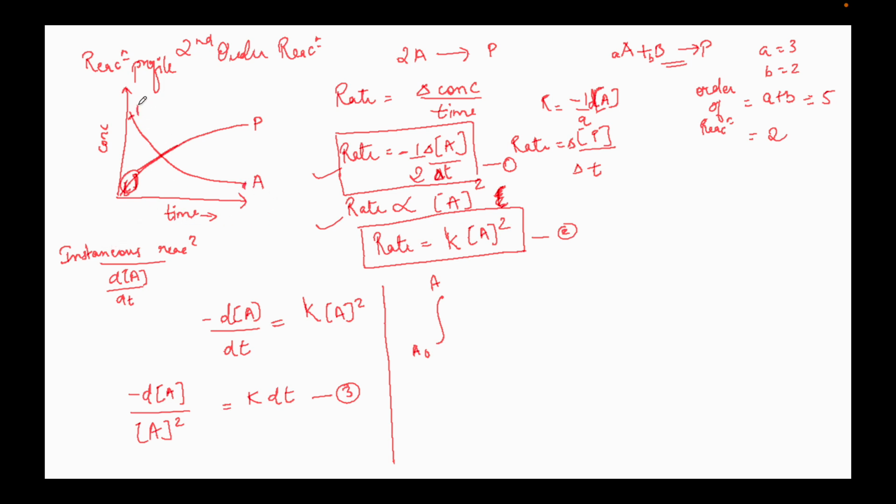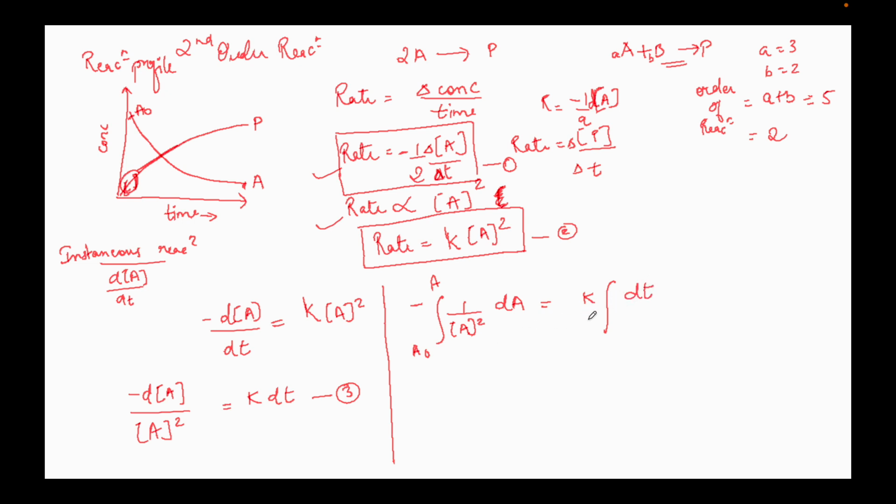So this is A0 and this is A. By integrating, we get the integral of 1 by A square dA, with the minus term outside, is equal to k, which is a constant, integrating dt.